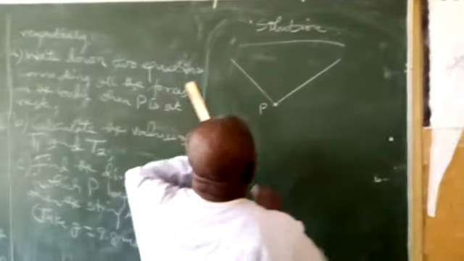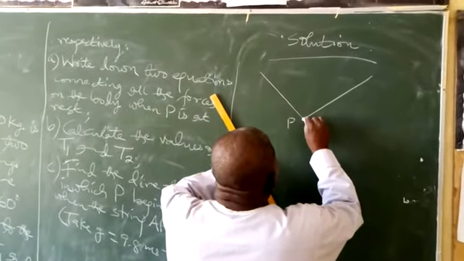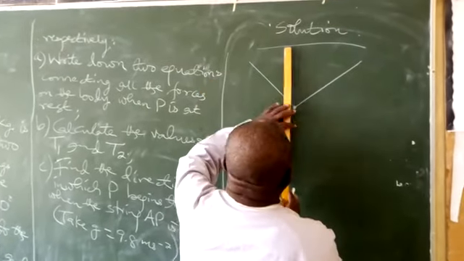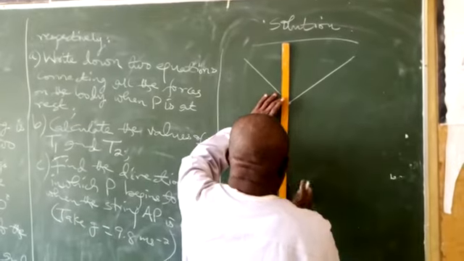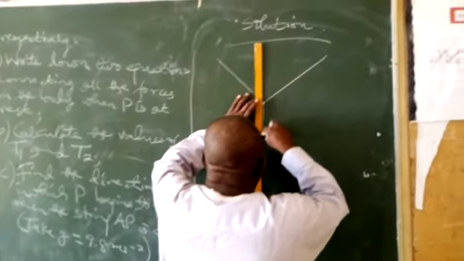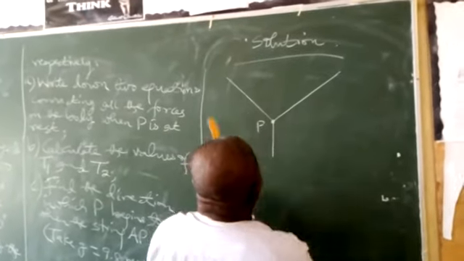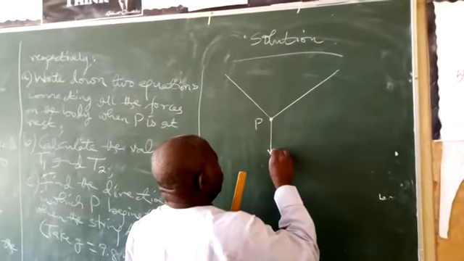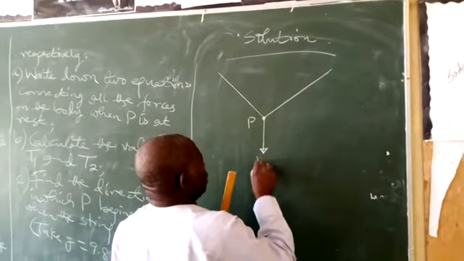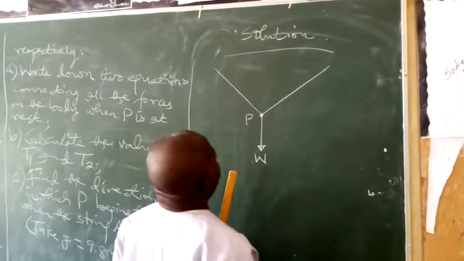Now, the weight of this body P will be acting vertically downward, so we show the line of action of the weight. That is weight W.